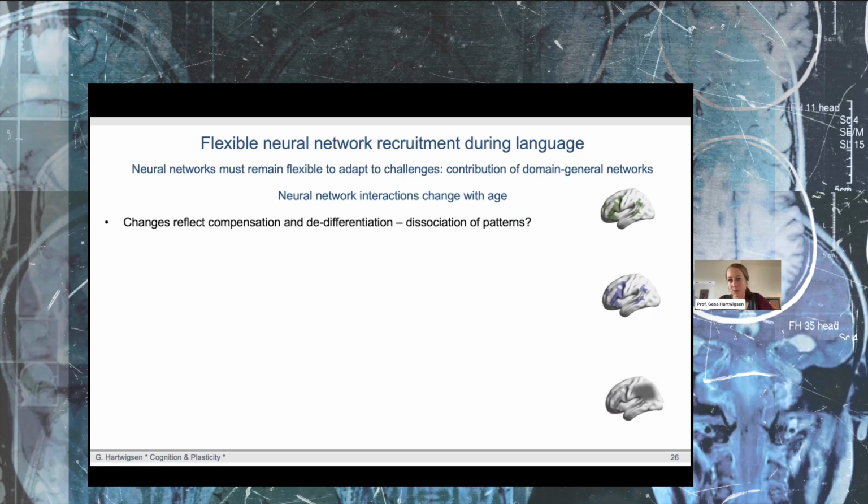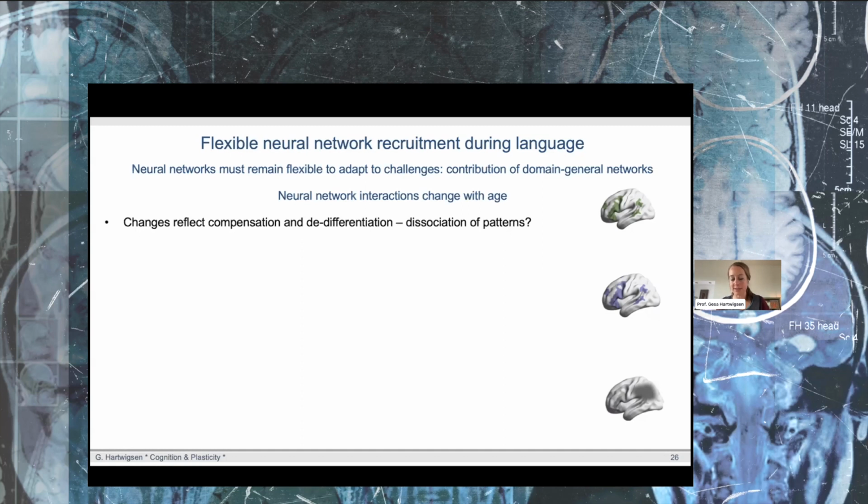And the big question for the future, or also our current work, is to dissect those changes that reflect compensatory patterns, so are adaptive for maintaining behavior, and those that reflect dedifferentiation or the overall cognitive decline itself.